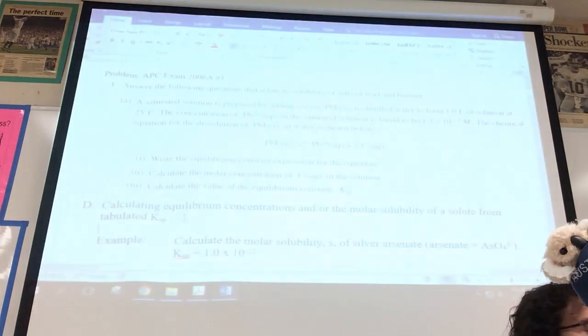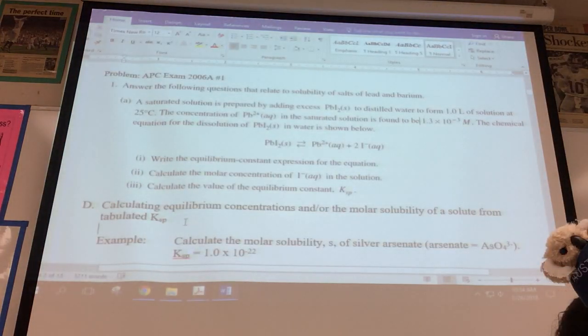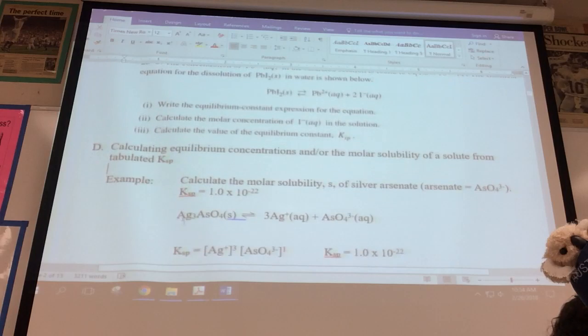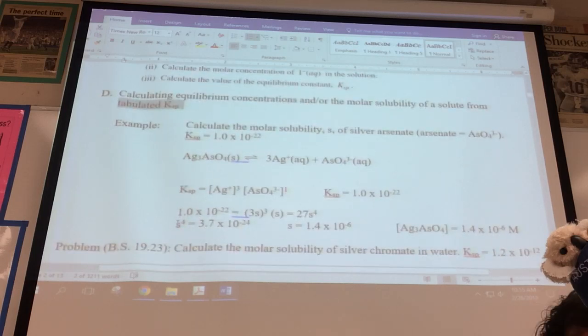All right, the other thing I want you to see today, and this is easy as well, it says calculate equilibrium concentrations and or the molar solubility of a solute from a tabulated KSP. And what that means in English is that KSP will be given and you want to find S. So you're just going the other way.